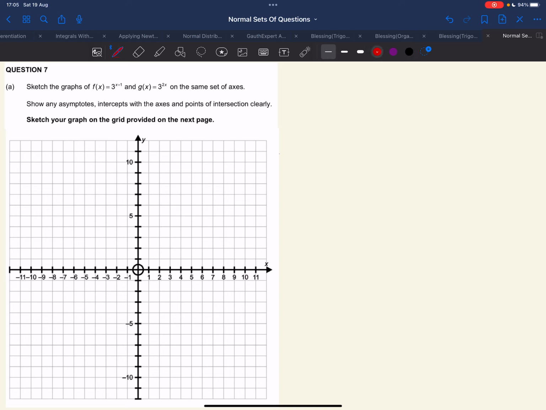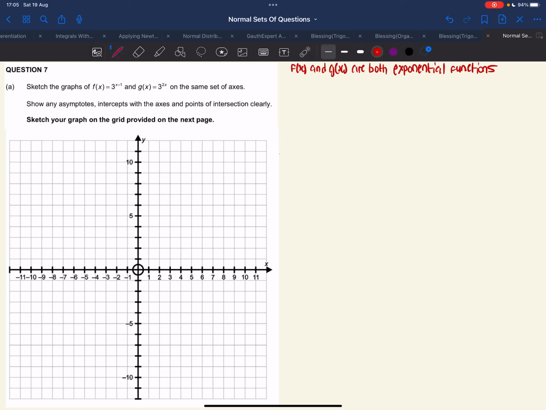So f of x and g of x are both exponential functions, right? And when you look at both of them, can you see that it's only 3 to the power of something at the top and not plus q? There is no part where that function was moved up or downwards.